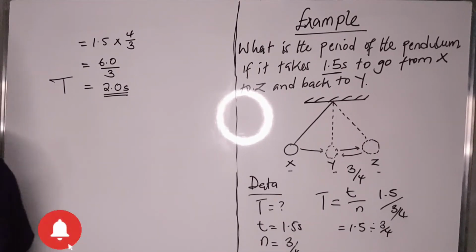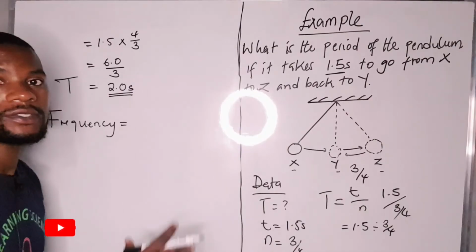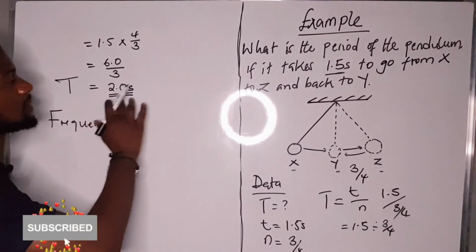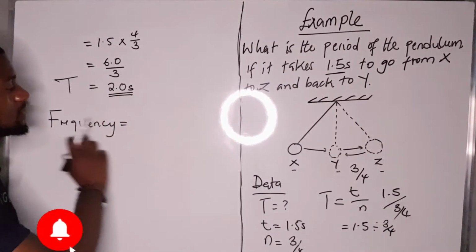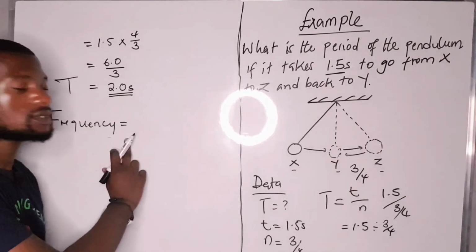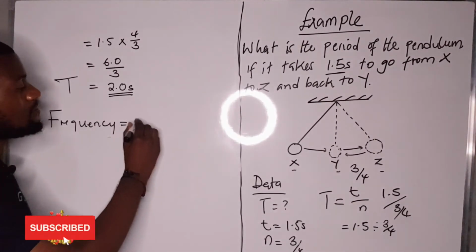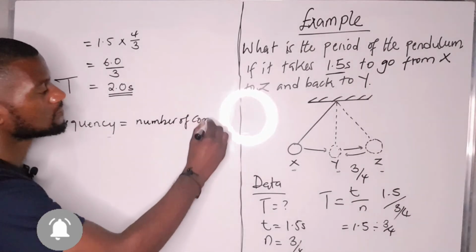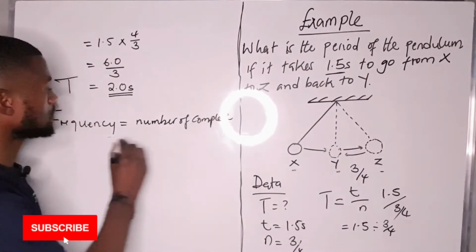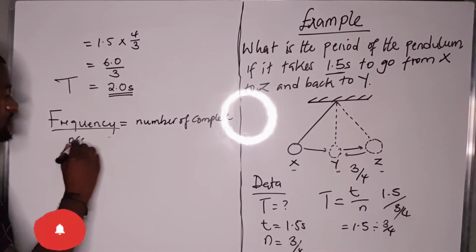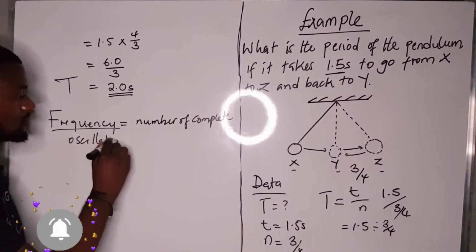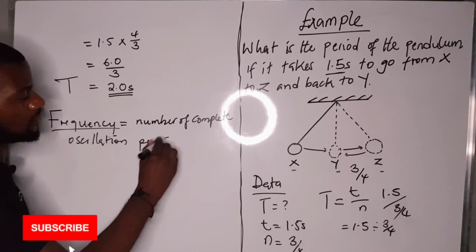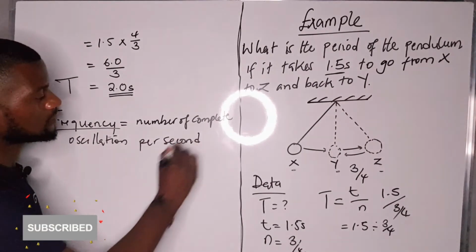You can use the same period calculated to calculate the frequency, which is just the number of complete oscillations per second.